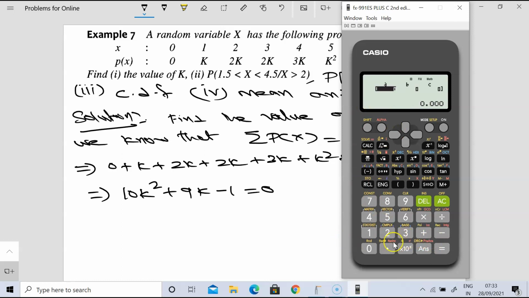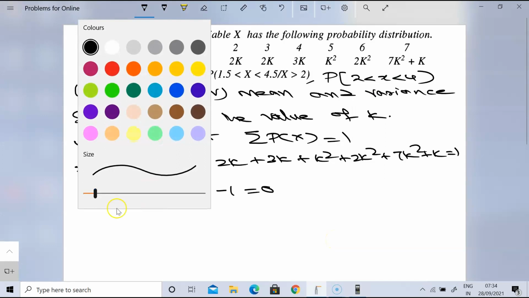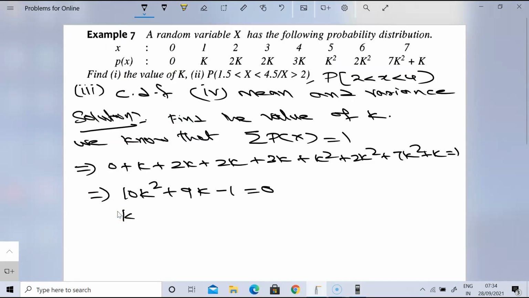When I use it, A, B, C, the A value is 10 equal to, next 9 equal to, next minus 1 equal to. When I press this, I'm getting one value K1, which is 1 by 10. The second value is minus 1. So here, what I have got is k is equal to 1 by 10.